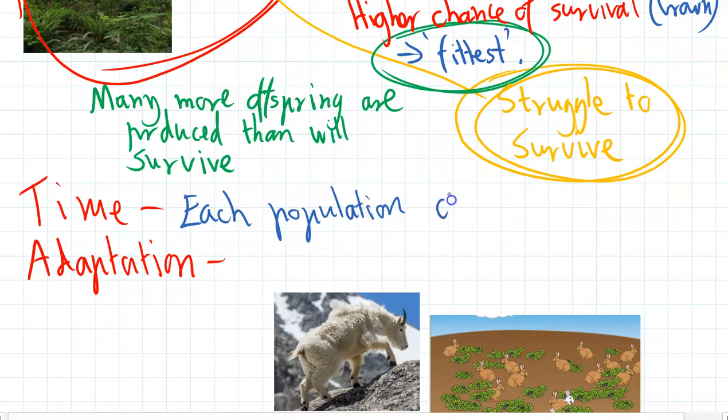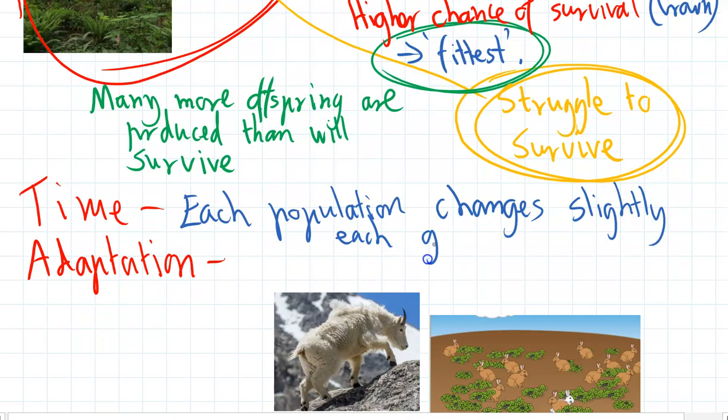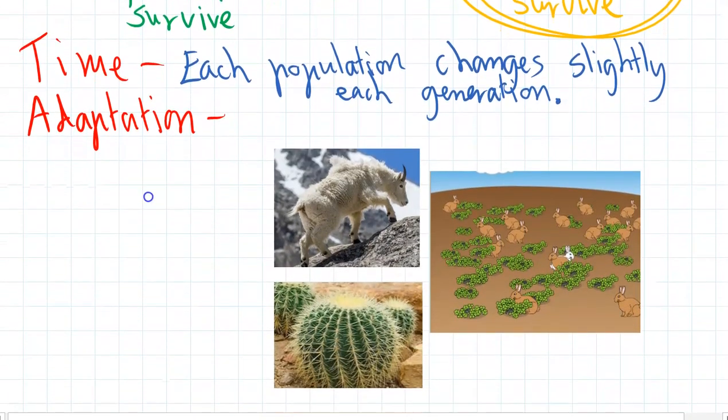So each population changes slightly in every generation. And for some species where they have generations of only a few days, like insects, or months, evolution can happen really quickly. There's plenty of examples where scientists can go out and actually observe how species change just within a few years even, because of natural selection.